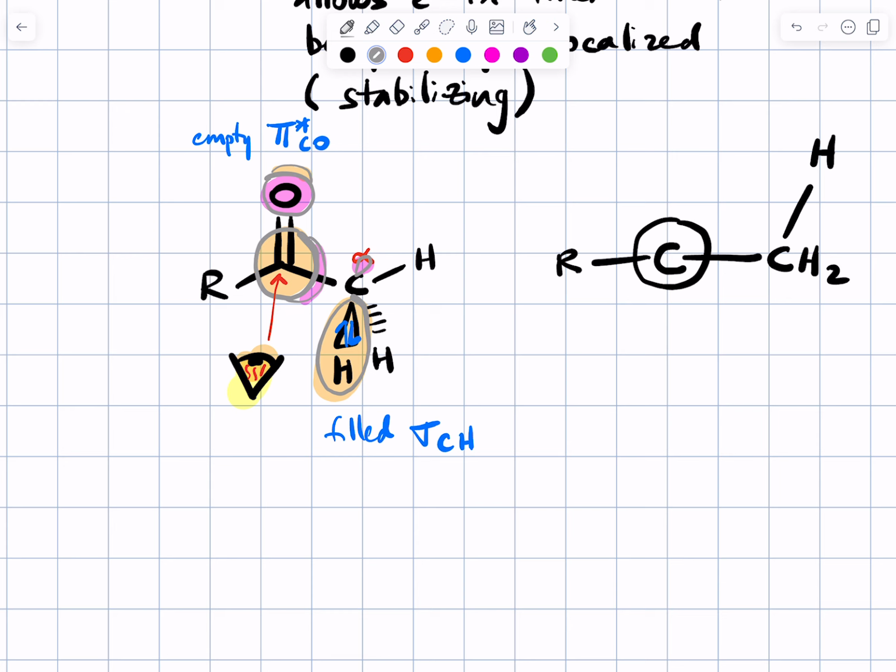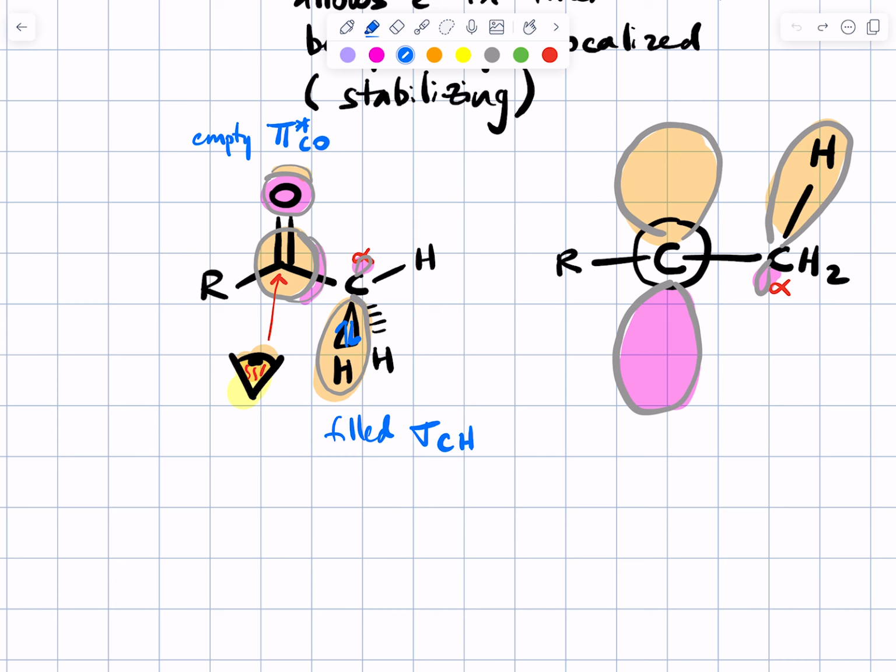The pi star that we can see on the carbonyl carbon looks like this. And then the sigma CH bonding orbital on that alpha carbon looks like this. And you can see from this perspective that they are indeed lined up with each other.